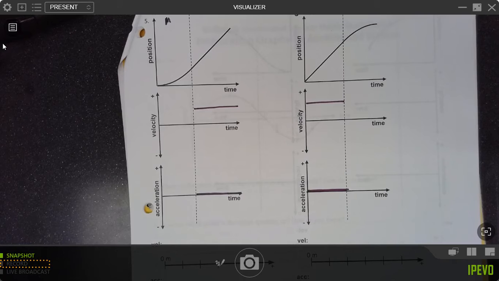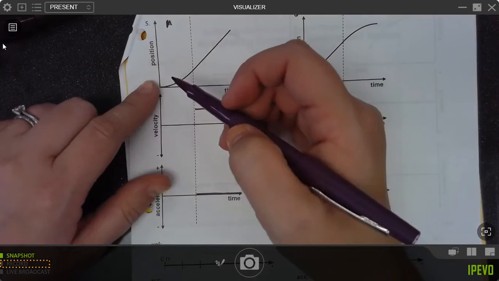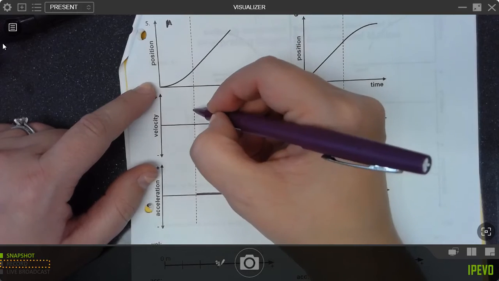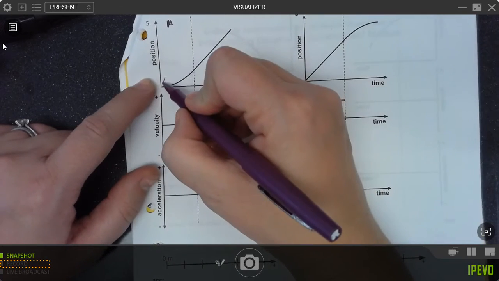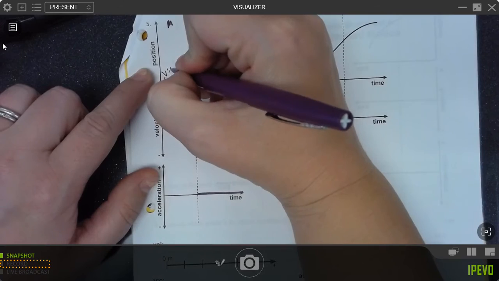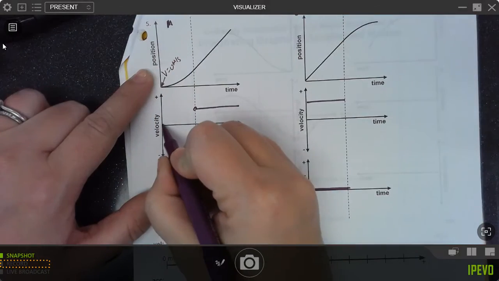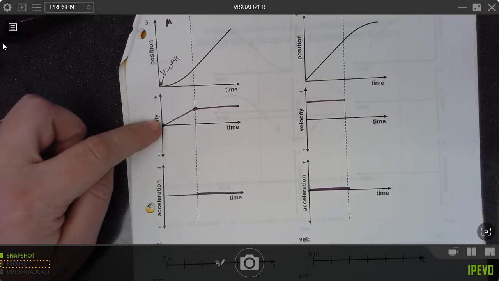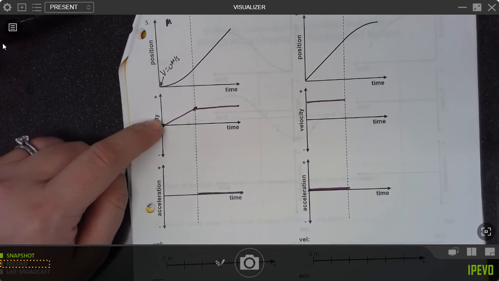All right, next part. If we look at this first part here, we know that we've got to end up at that point, and we know that at the beginning it's horizontal, so there we're going to have a velocity of 0 meters per second. So we're going to start here, end up there. The velocity versus time graph gives us a constant positive slope at the beginning.